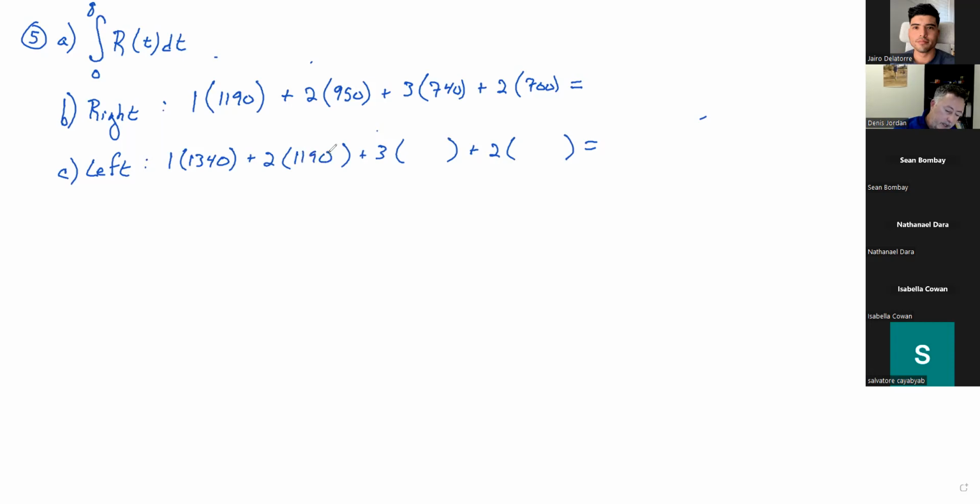So now they're going to start to repeat. But the last function value to choose would be your 740, since that's the one on the left. Okay, so does that make sense as to which function values go where?